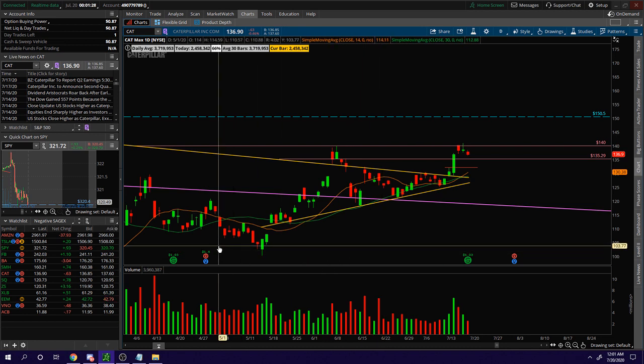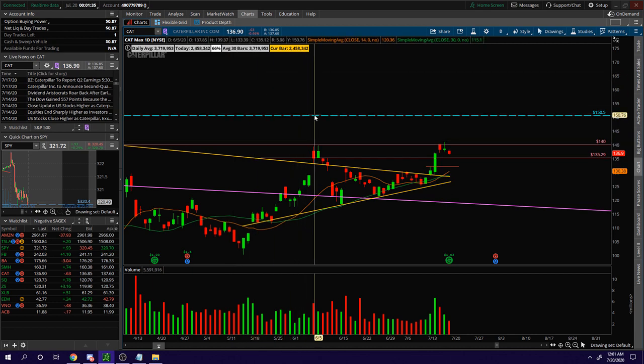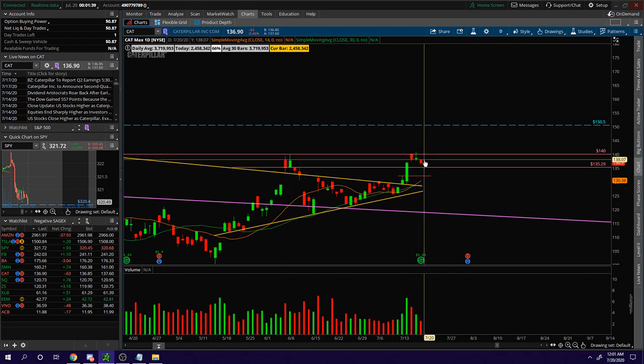So a call option gives you the right to buy 100 shares of the underlying at the strike price, regardless if that stock has gone up.